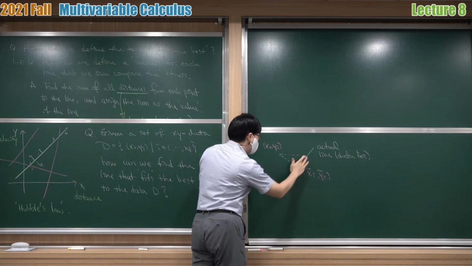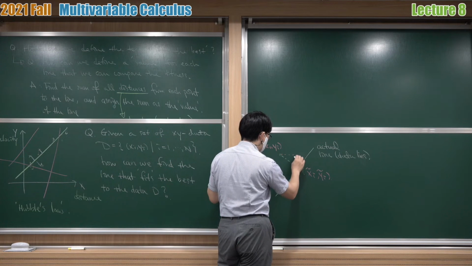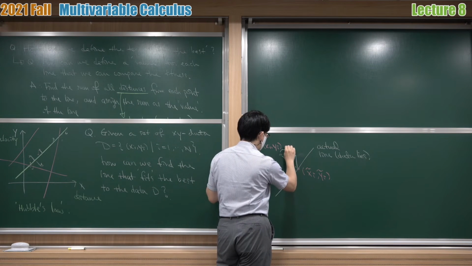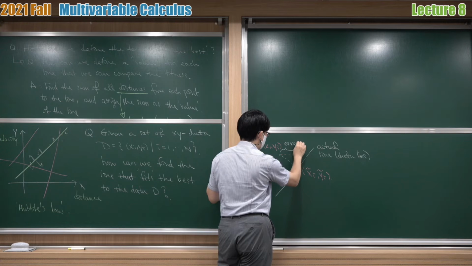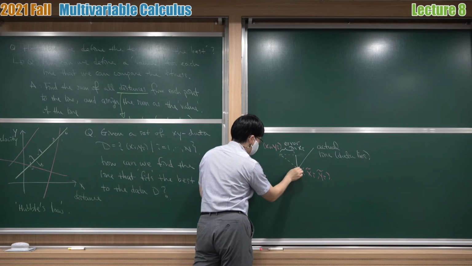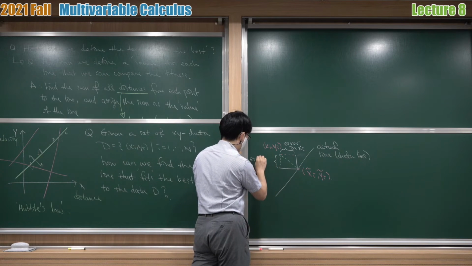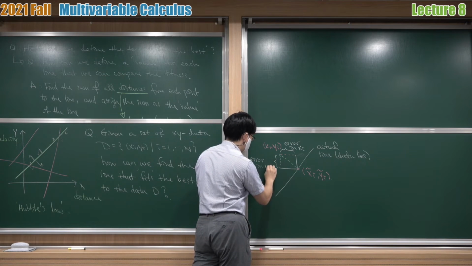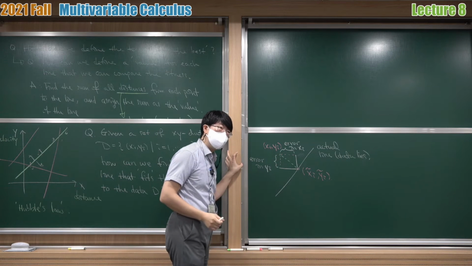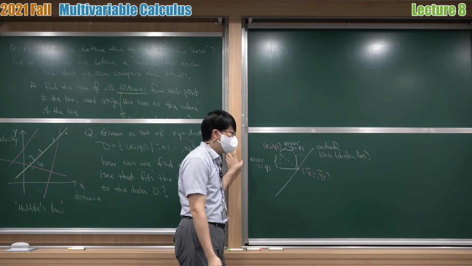But the X measurement had an error, right? So this had an error in X, and this also had an error. All right? That's how we get this deviation, right?